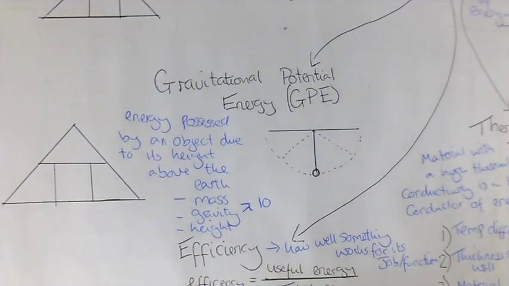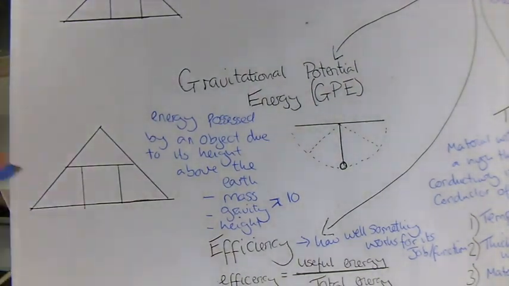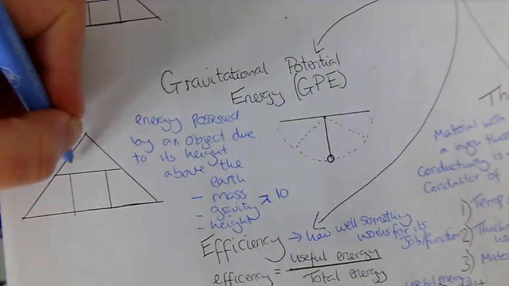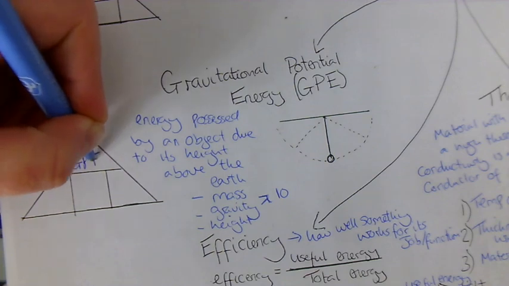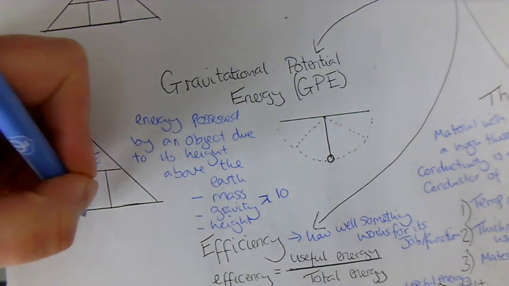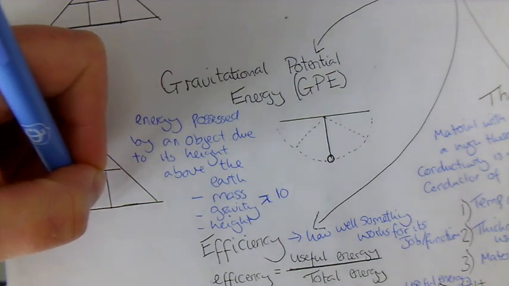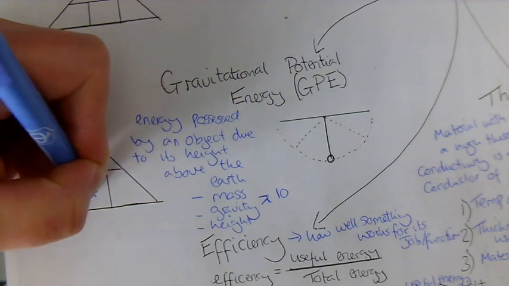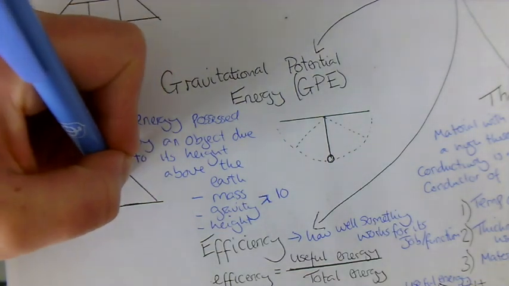So we can plug it into a triangle, as it has an equation. So GPE goes at the top. We've got mass, we've got gravitational field strength, so I'm going to just put G for gravity, and we've got height.